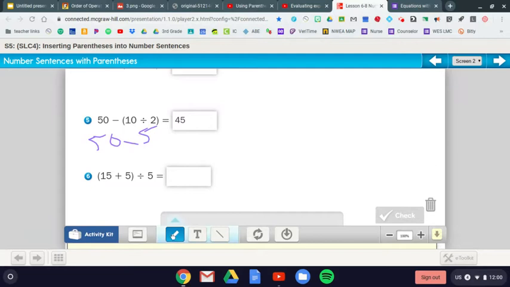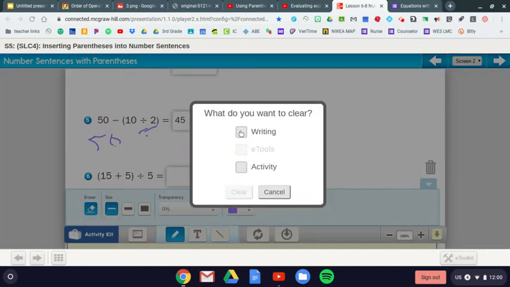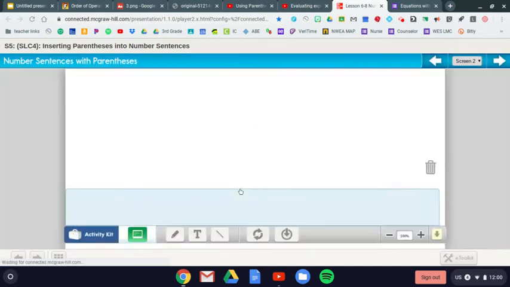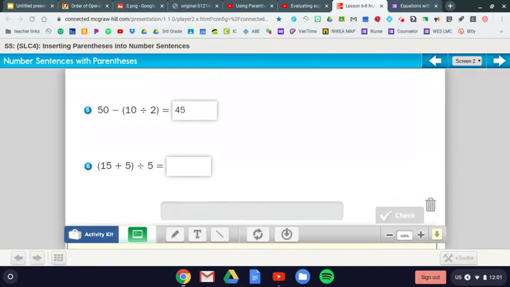Okay. Let's erase this. 15 plus 5 is in parentheses, and then divide that number by 5. 15 plus 5 is 20. 20 divided by 5.